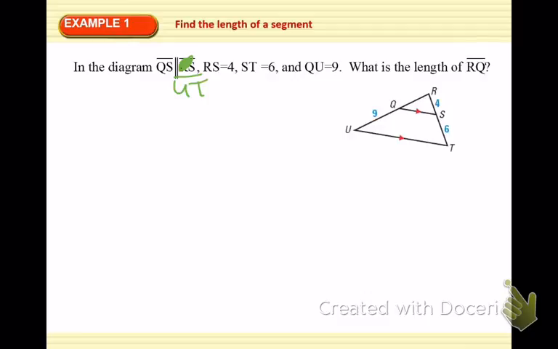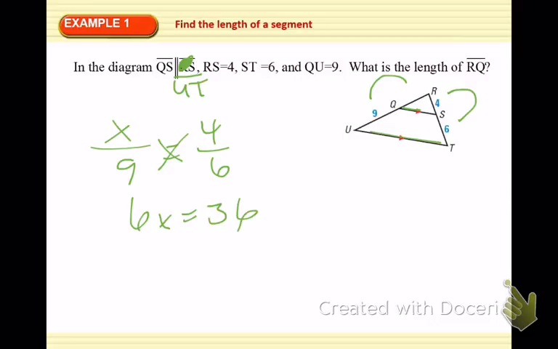From the triangle proportionality theorem, if we know that these two are parallel, then I can write a ratio of this one to this one, and it's going to have to be equal to the ratio of this one to this one. So QR, we don't know, so let that be x, to 9 is going to have to be equal to 4 to 6. And we can cross multiply and solve. We get 6x equals 36, and so x is 6. So the length of QR is going to be 6.